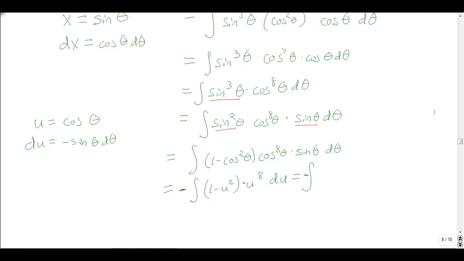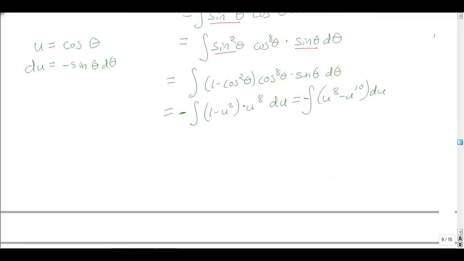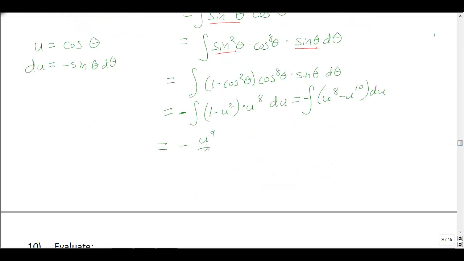And then this is a negative. 1 times u to the 8th is u to the 8th. u squared times u to the 8th gives me a minus u to the 10th du. And so we get a negative, u to the 9th over 9 minus u to the 11th over 11 plus c. Okay, and then u is cosine theta. So what we get here is a negative, cosine to the 9th theta over 9 minus cosine to the 11th theta over 11 plus c.